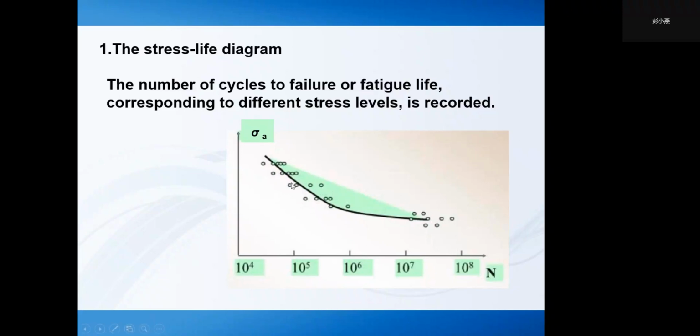Each point corresponds to a different stress and fatigue life. The stress life diagram depicts stress versus the number of cycles to failure. From this figure, the fatigue strength of material can be determined.